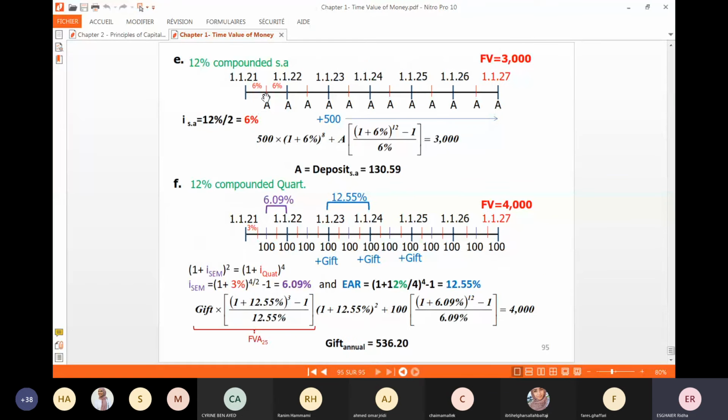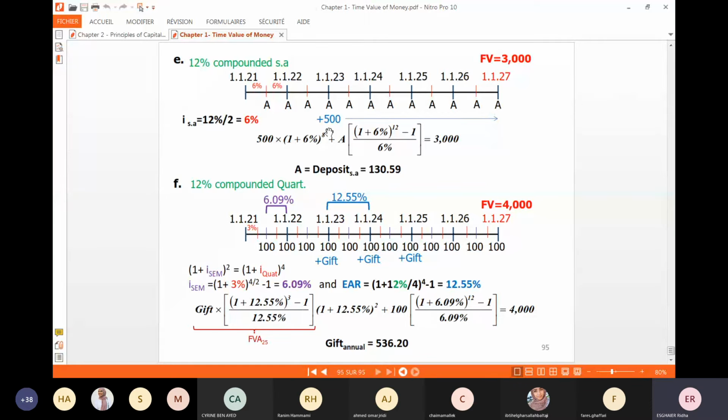If you deposit 12 amounts, the last deposit will occur on 1/1/2027. Count the number of A's, you'll have 12 A's. Right. In addition to these 12 A's, you deposited 500, the gift from your parents, on 1/1/2023.